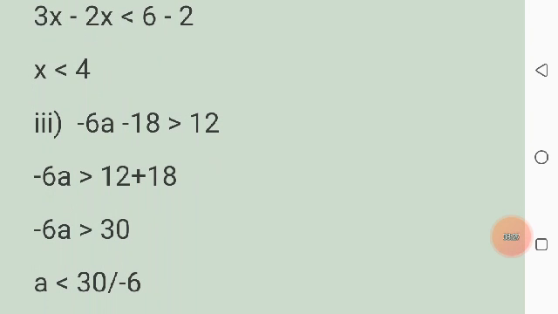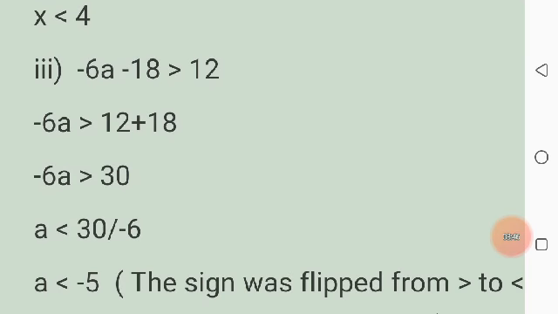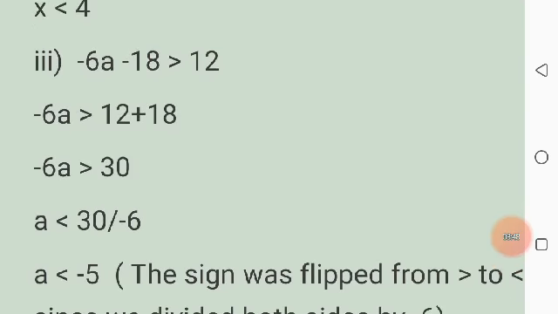Okay, the sign we have to change because we are dividing by a negative number. So you note, if you divide by a negative number or multiply by a negative number, the sign will change. So you have a is less than minus 5.